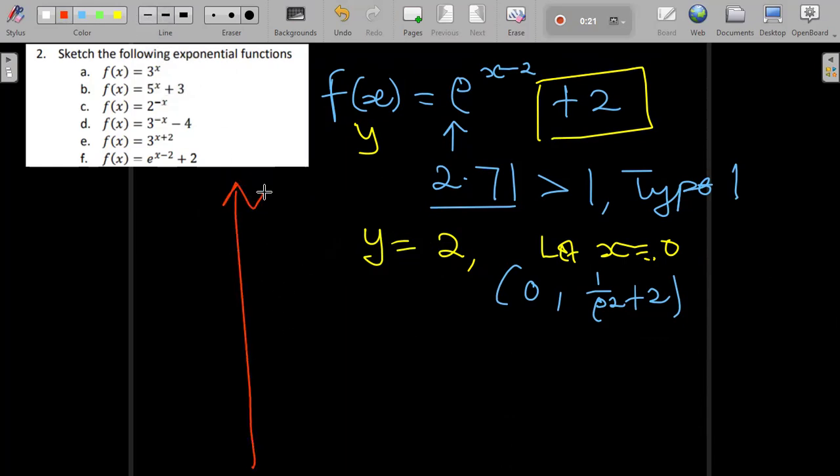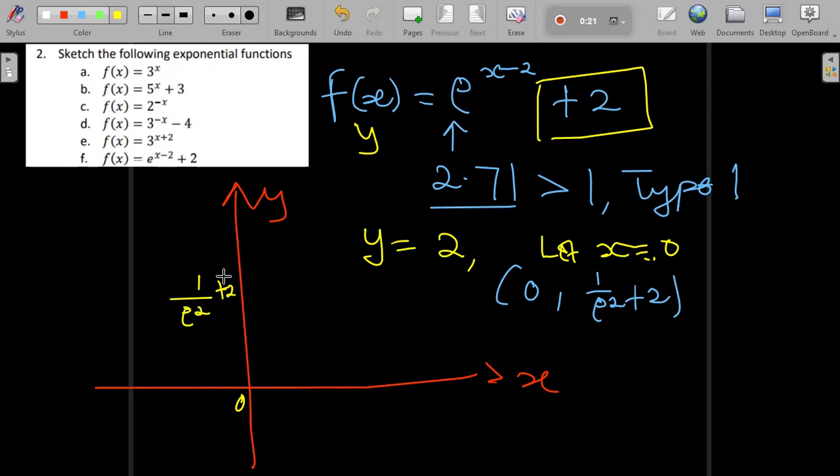So this is my y-axis, this is my x-axis, this is my 0. This is a positive number, so it's somewhere up here. I can just write it here, 1 over e squared plus 2. So we can plot it there.